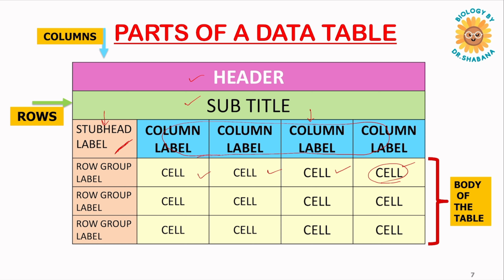This forms the body of the table. The main point we need to understand right now is that the units of the numbers are never written in the body of the table. They will always come in the headers, so no units in the cells. If you do that, you're going to lose 1 mark straight away.